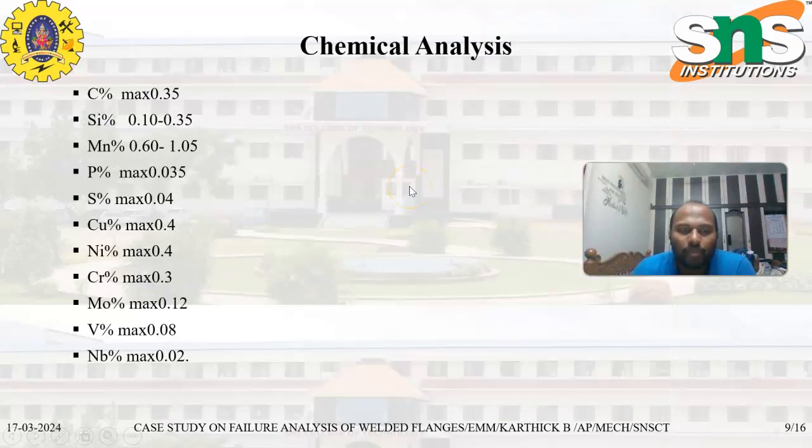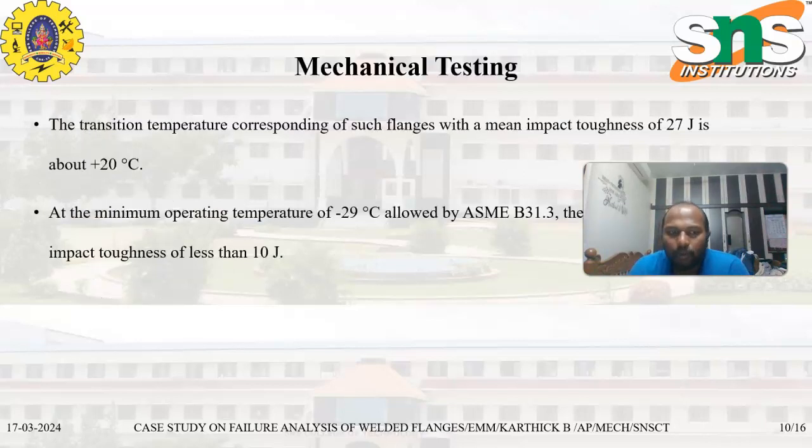When we do the chemical analysis, we can see the main components like carbon, which is maximum 0.35%, silicon, manganese, copper and nickel, in the proper proportion.